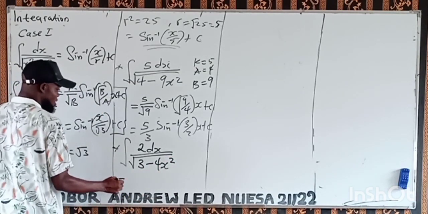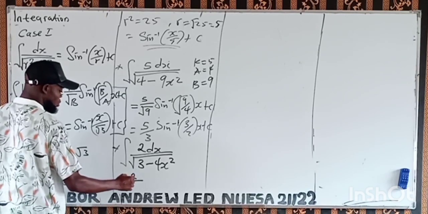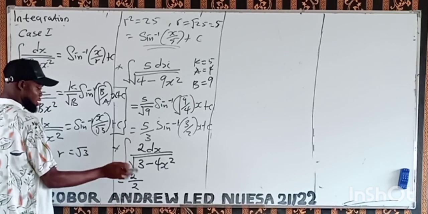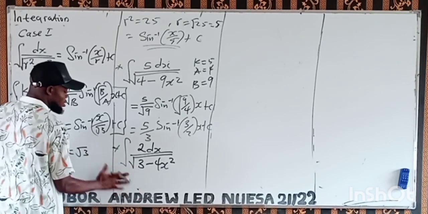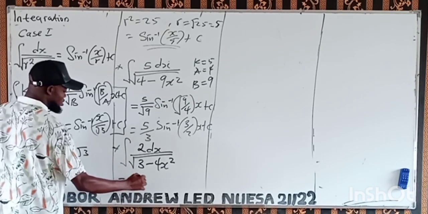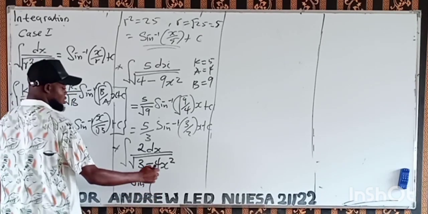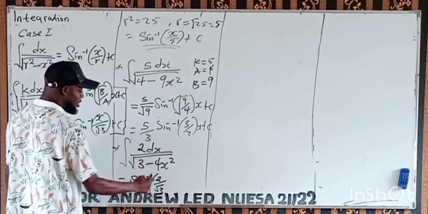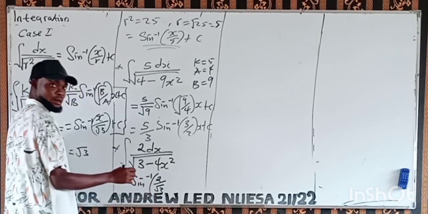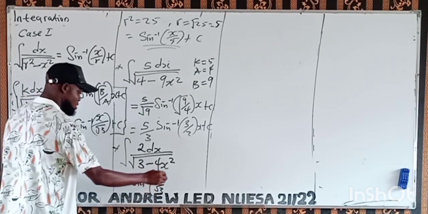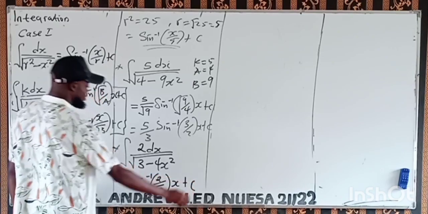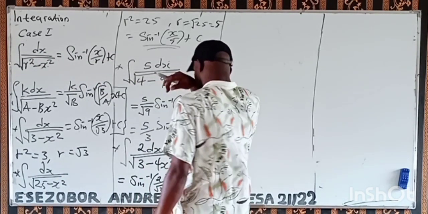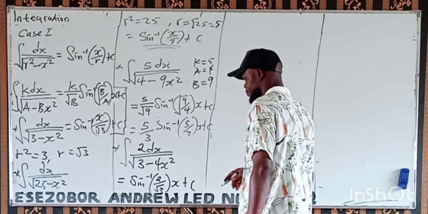The final answer will be k over root b, which is 2 over 2, then sine inverse of root b over a, which is 2 over root 3, or 2 root 3 over 3. That is correct. So try and see if we can do this. It's extremely important.